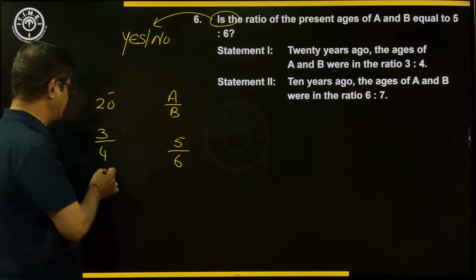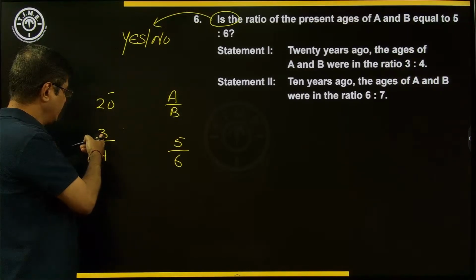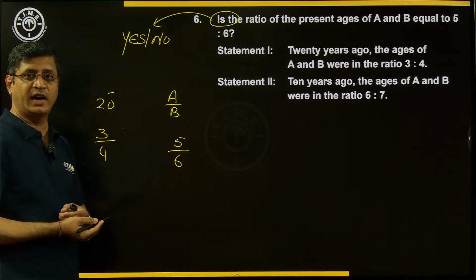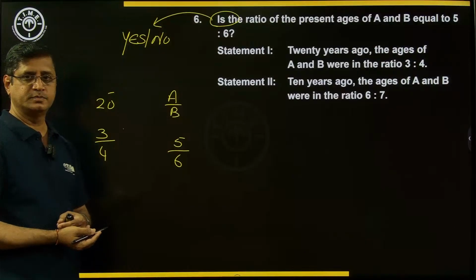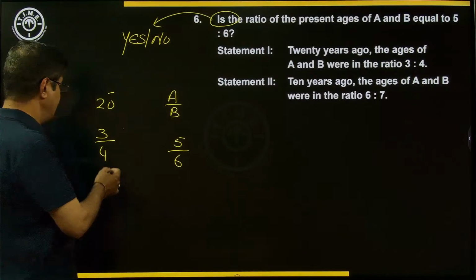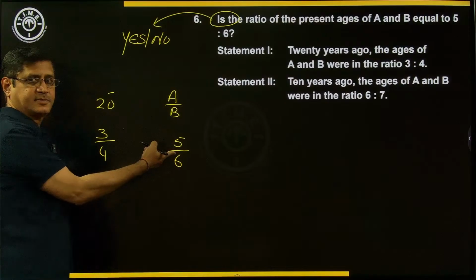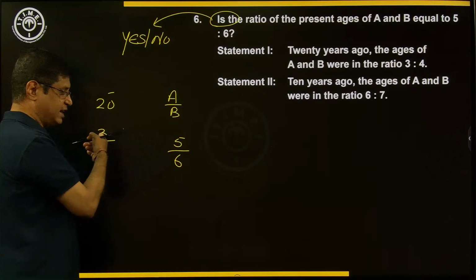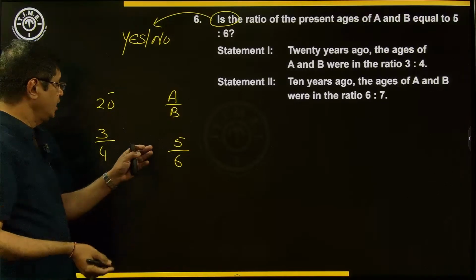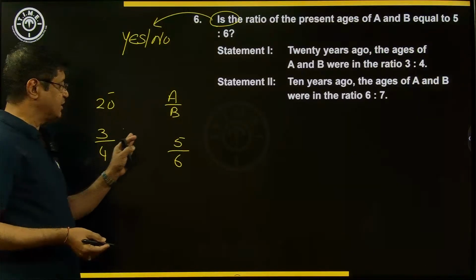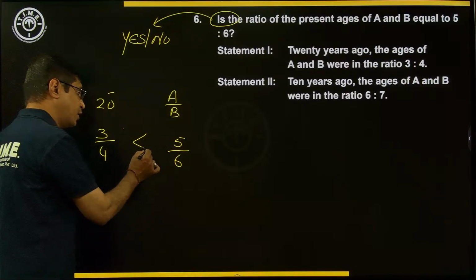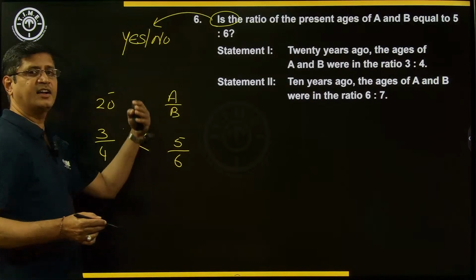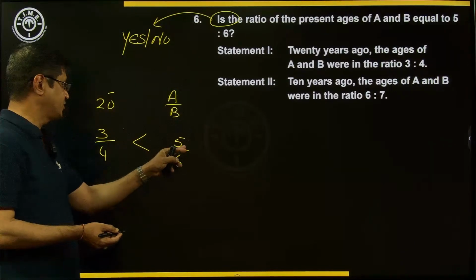If you observe the values of 3/4 and 5/6, it satisfies lesser inequality ratio. Means the present ratio should be greater than this value. 5/6 must be more than this value. Or you can say the value of this one must be less than 5/6. But how much is the value? It may be 5 by 6 or more than 5 by 6 or less than 5 by 6, but more than 3 by 4.